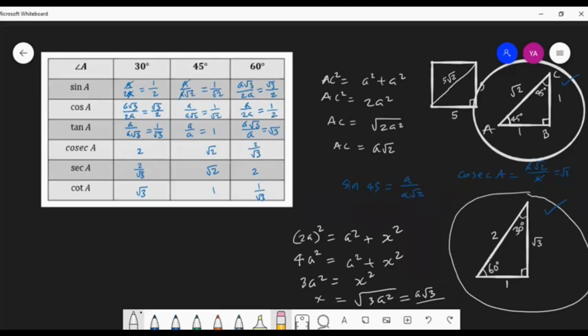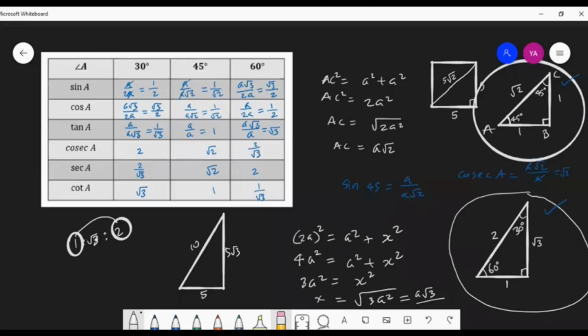Suppose 5 comes here, 5 root 3 will come here, and 5's double, 10, will come here. That's the ratio. In any triangle with 30, 60, 90 degree angles, the ratio of the sides will be 1 is to root 3 is to 2. The smallest side will be half of the hypotenuse and the middle side will be root 3 times the smallest.